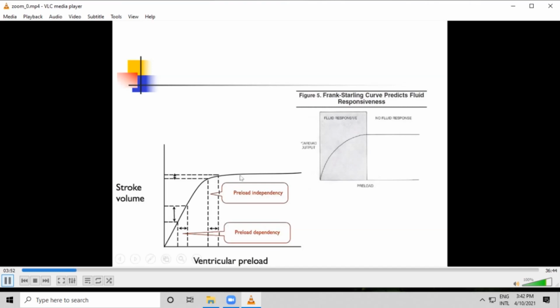Whereas when it is on the flatter portion of the curve, for the same increase in preload, we do not get an appreciable increase in stroke volume. When the heart lies on the steep portion, it is considered fluid responsive. When it lies on the flatter portion of the Frank-Starling curve, it is known as a fluid unresponsive heart.